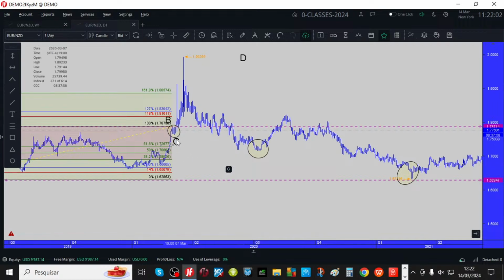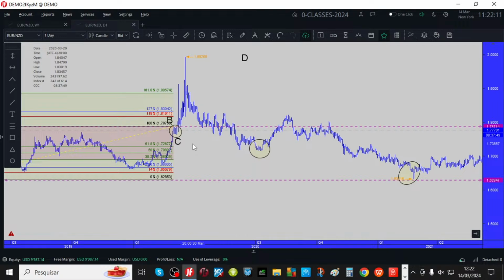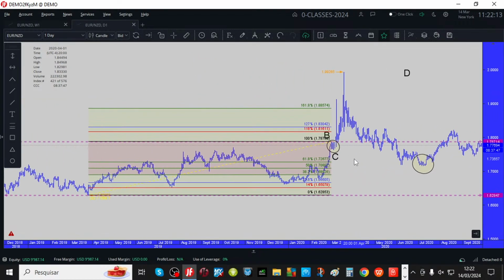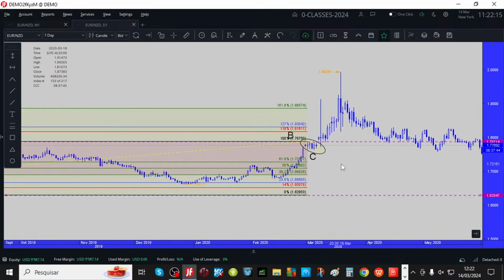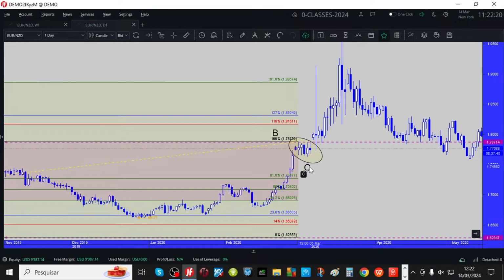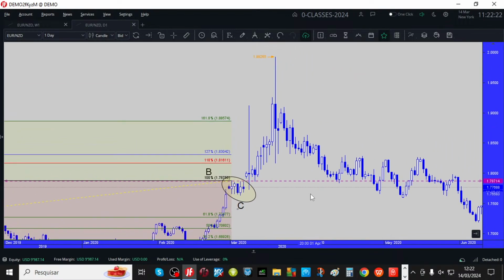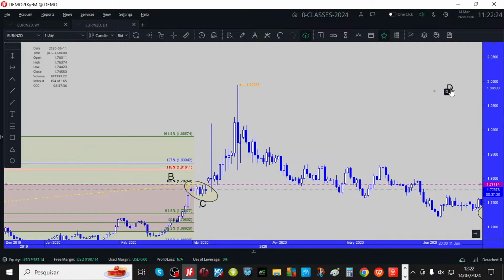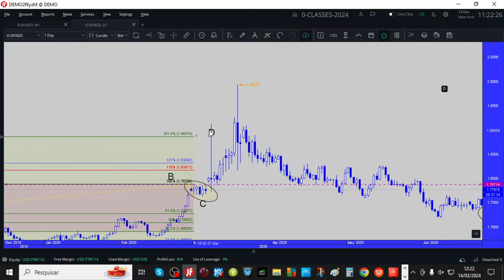The first one. Why? The C is the retracement related to the D extension. Can you see, everybody, that the market retraced after the B and it went to the D? Can you see it, everybody? Bam!